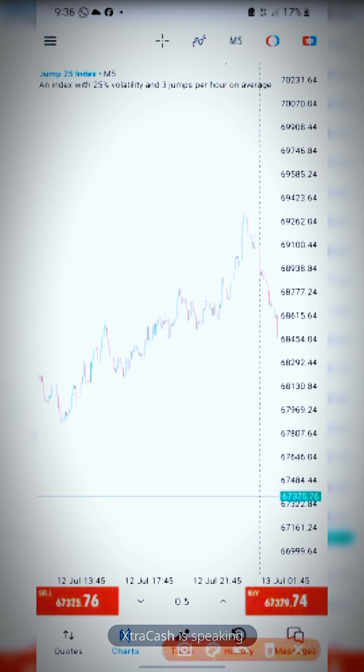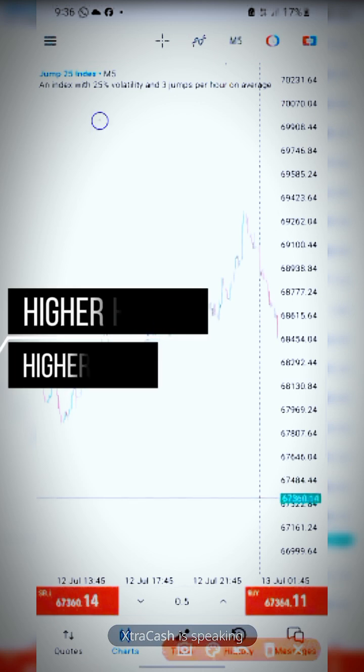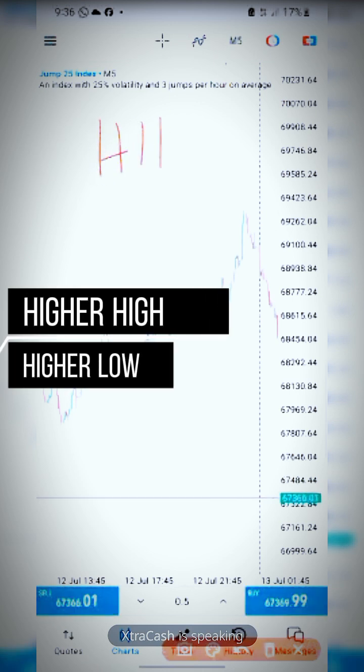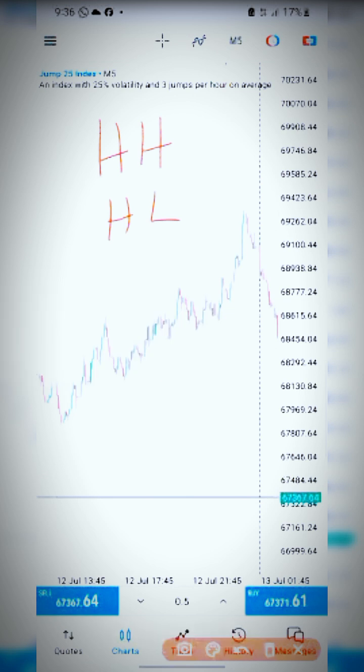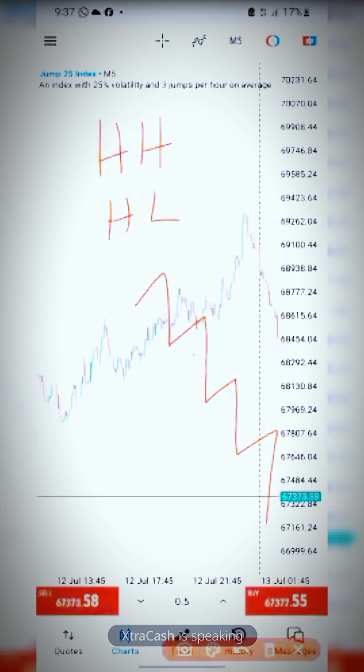Just like we have the lower low and lower high for the bullish trend, for a bearish trend, we'll have higher high and higher low. Now, like we said, during a bullish trend, market doesn't go straight up. In a bearish trend, this is how market moves. It doesn't just drop. It gives this snake-like kind of movement.